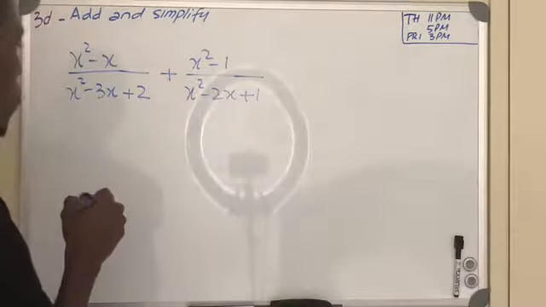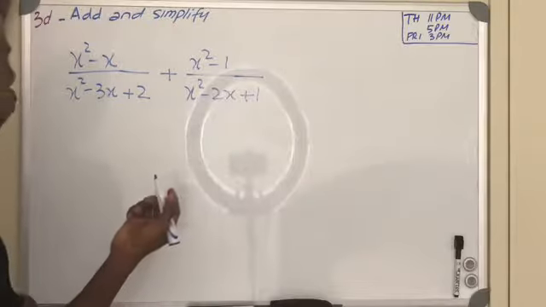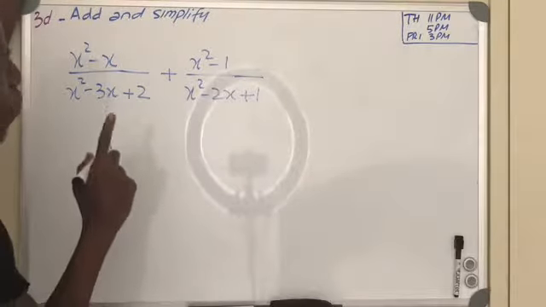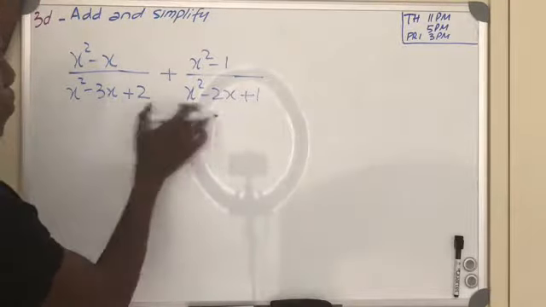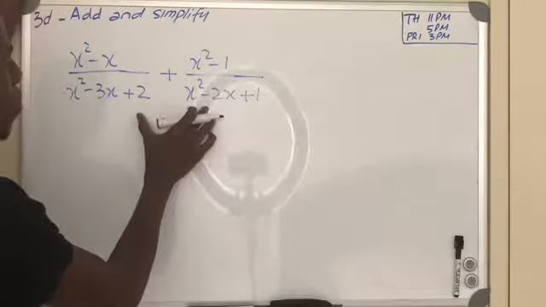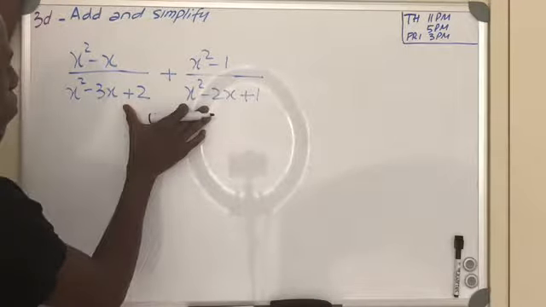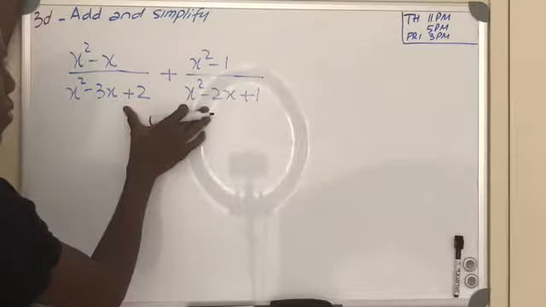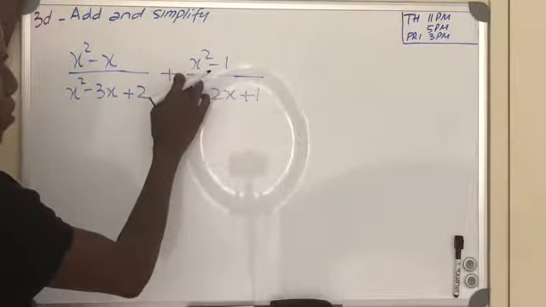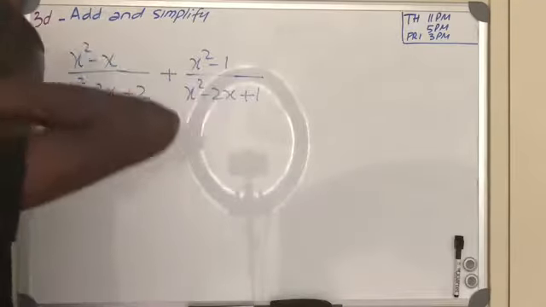Okay, add and simplify. So in these two, when you have these two polynomial functions, they are both trinomials because they have squared terms. Remember the square terms? They are trinomials.